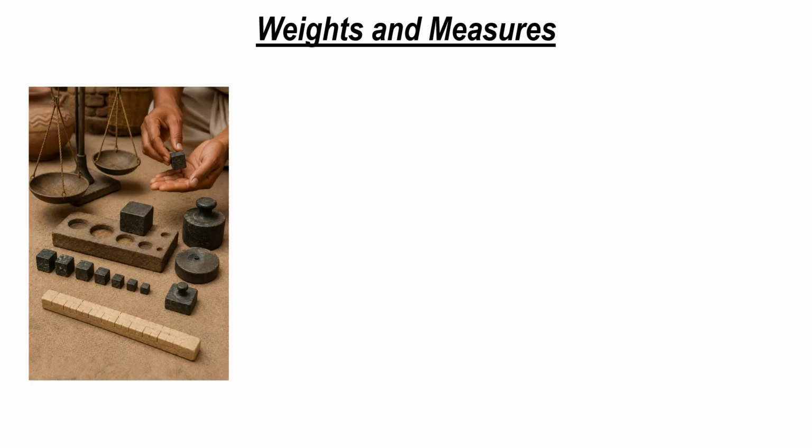Now we will discuss one of the most important things required for trade. Even though we do not trade this object, but without this thing, every trade will be gone. So weights and measures. Weights and measures are very important because they were made out of stone and they were uniform all across IVC.